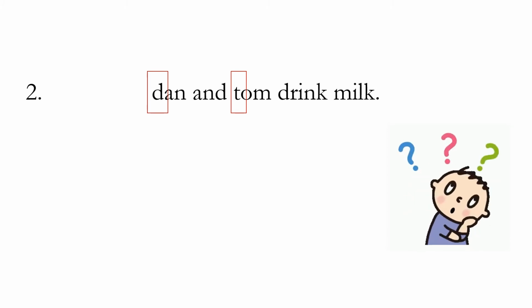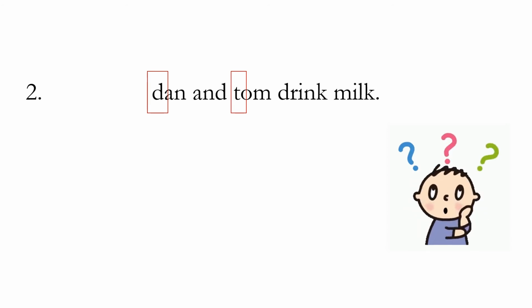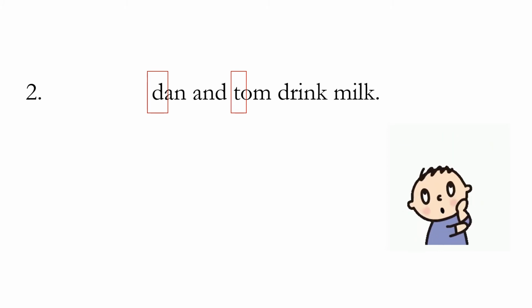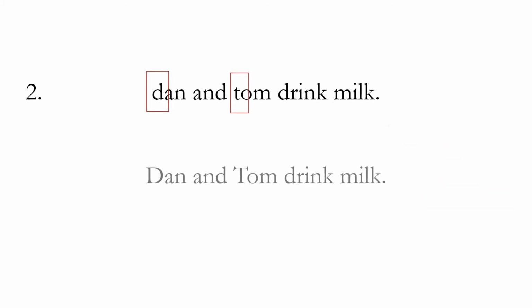Well, Dan needs to be capitalized because it's the first word in a sentence, but also because it's a name, and names have to have capital letters. The same thing with Tom. Tom is a name, so we have to write it with a capital T. Now I want you to write it like this.